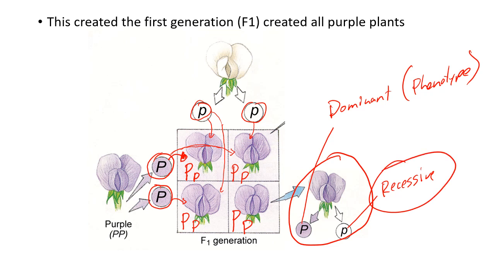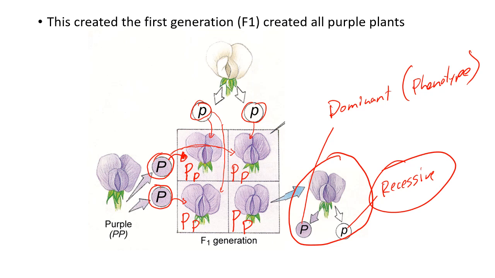This thing right here is recessive. This plant has the genetics for white flower, but it doesn't express the genetics for white flower. It doesn't show it in its phenotype. It has the genes for white flower, but it doesn't express it.